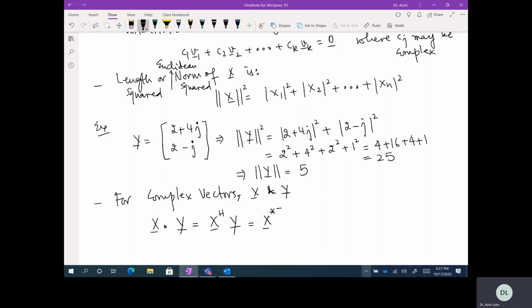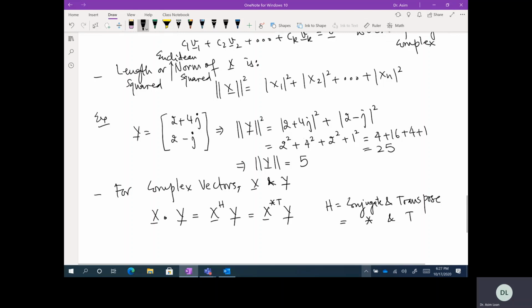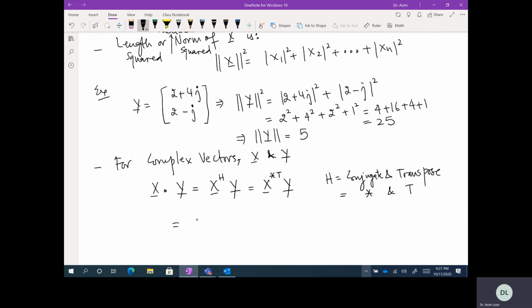This is x conjugate transpose y, where H is conjugate and transpose. So this becomes x1 conjugate y1 plus x2 conjugate y2 plus so on plus xn conjugate yn.